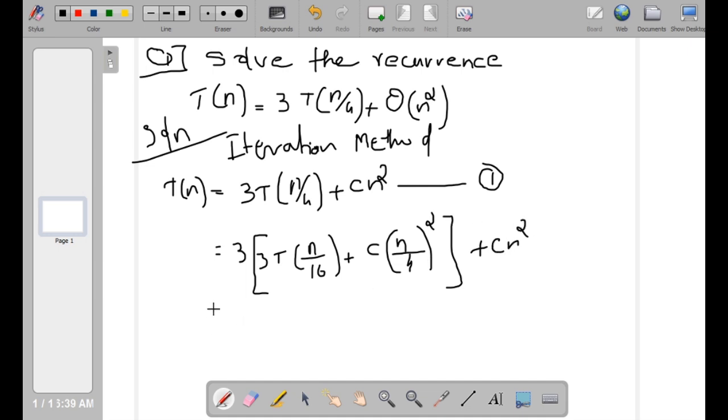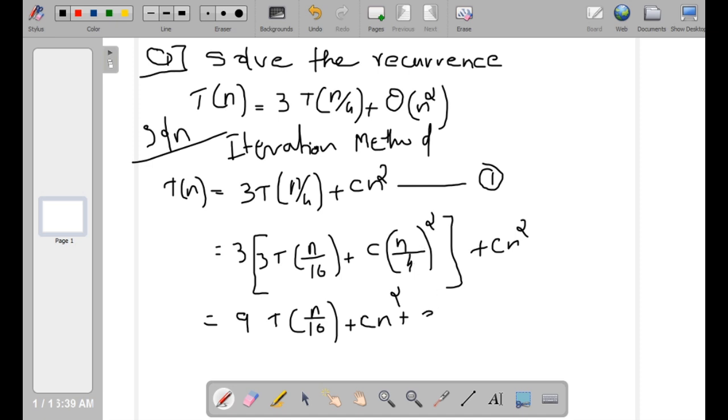This will be equal to 9T(n/16) plus cn² plus 3c(n/4) whole square.